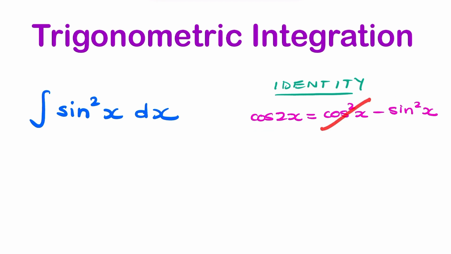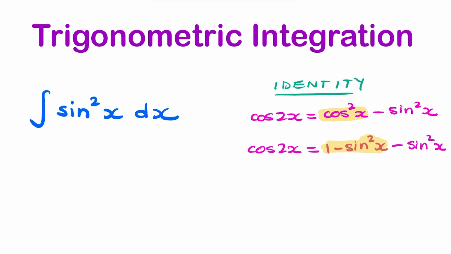So first of all, let's get rid of cosine squared x. So cosine squared is 1 minus sine squared x. Okay, so I can write cosine 2x equals 1 minus sine squared minus sine squared x. So just to make it clear, this is the same as that.